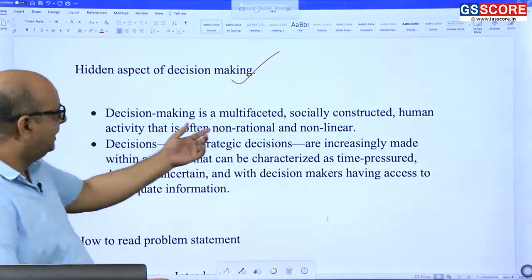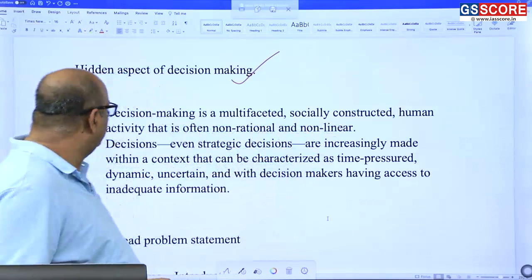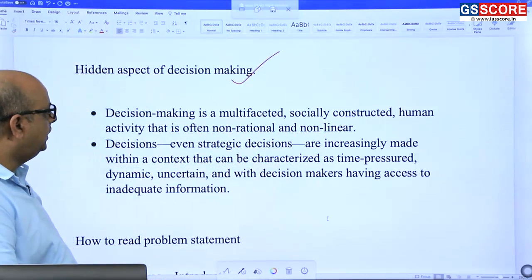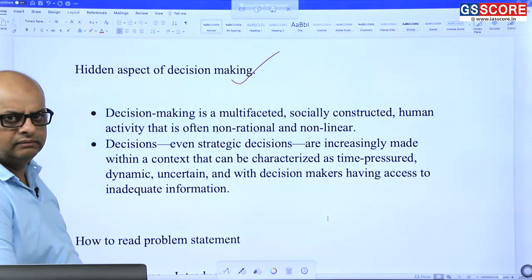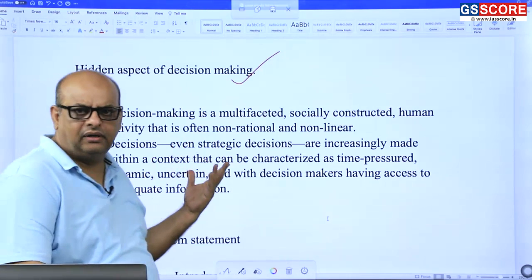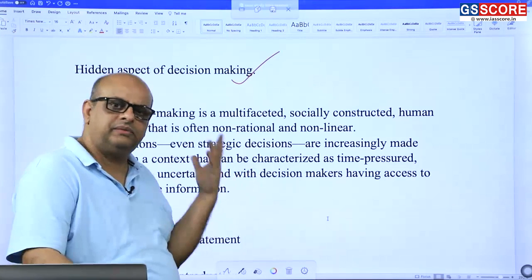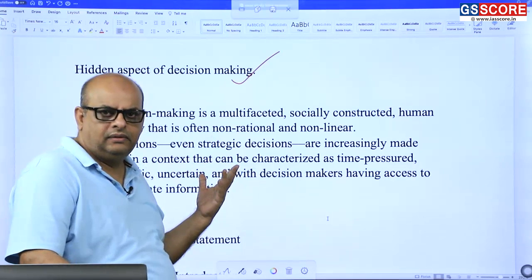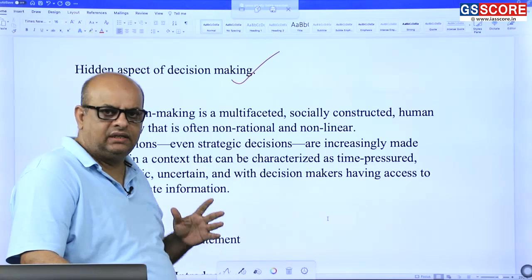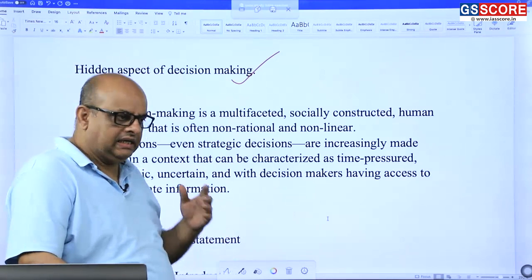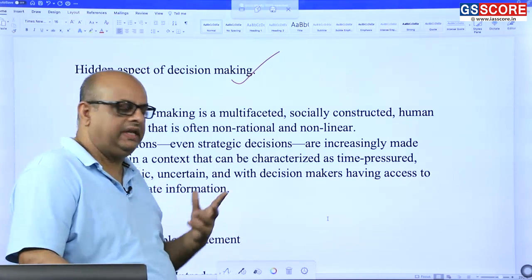Decision making is a multifaceted, socially constructed human activity that is often non-rational, non-linear. Sometimes we are not rational, not sometimes, often. We don't sit and think objectively. Rather, we are more driven by emotions, feelings, etc.